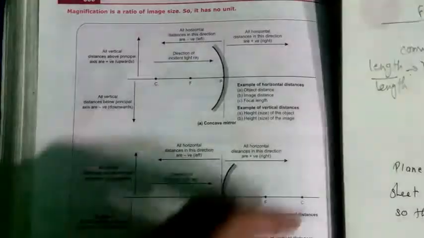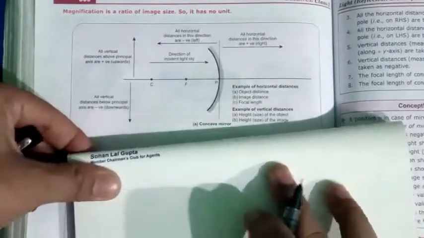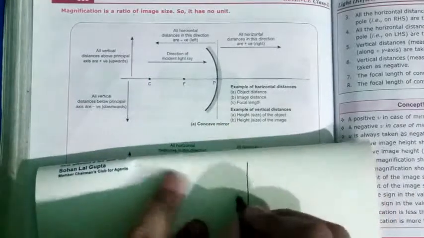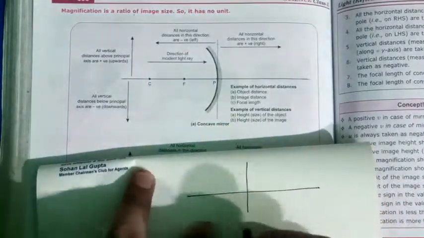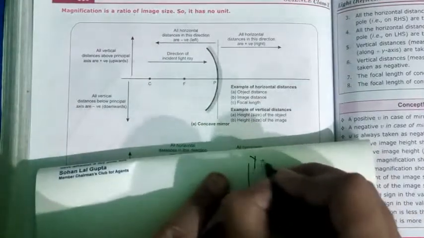Here we will talk about this figure, the first one, like coordinates. This is the x-axis, this is the y-axis.